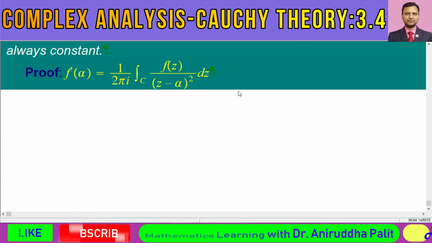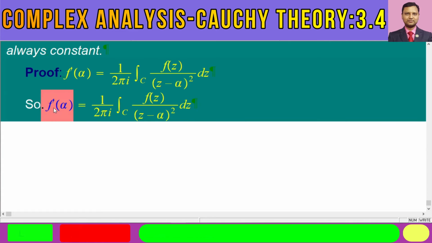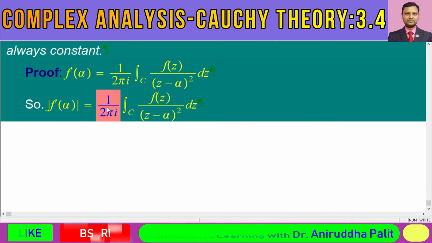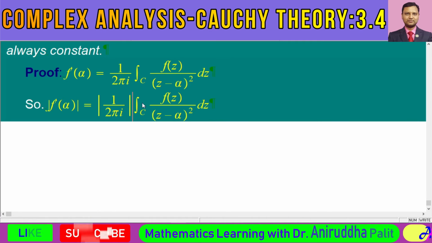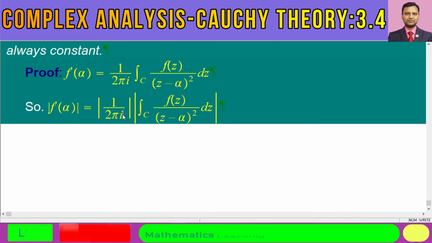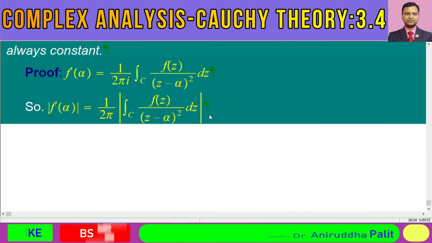And over here, if we now take the modulus on both sides, then we have this type of result: modulus of this expression multiplied by modulus of this expression, and modulus of twice pi i is equal to twice pi, so forget about it.